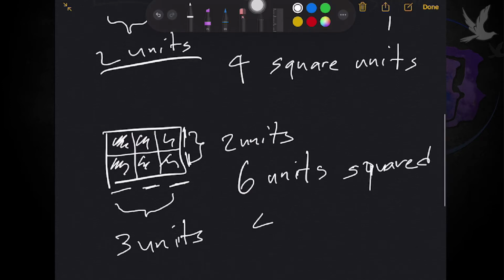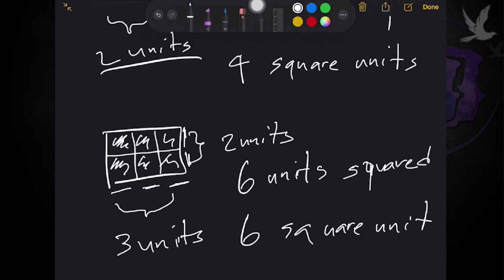By simply looking at the one above, kinopya ko yun. 6 square units. So, ganun lang. Okay, so that is what you refer to as area.